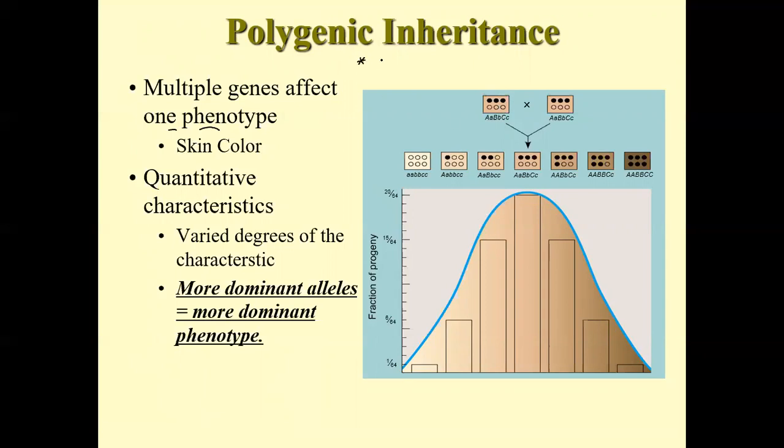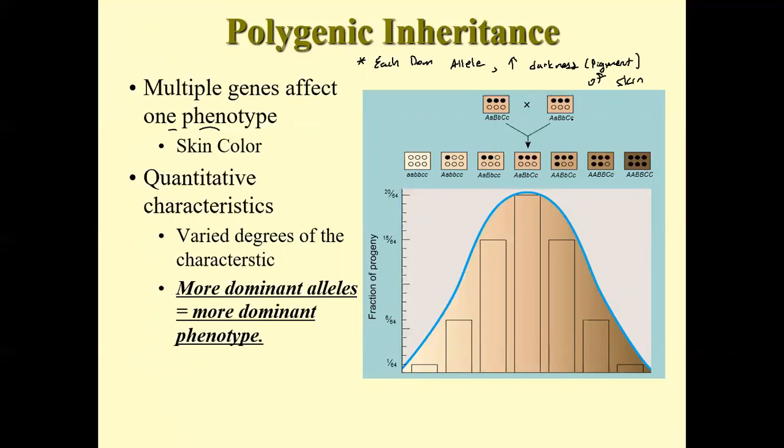And I like to explain it that each dominant allele is going to increase the darkness, and that's due to the pigments of the skin.